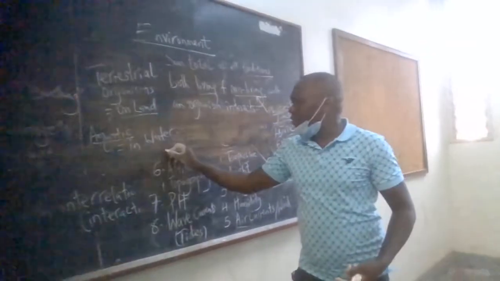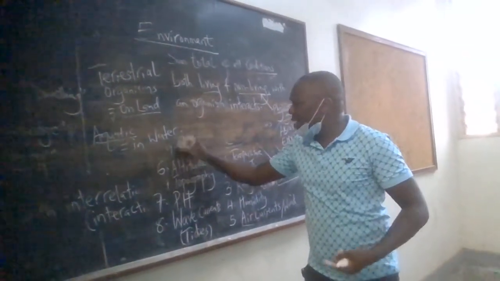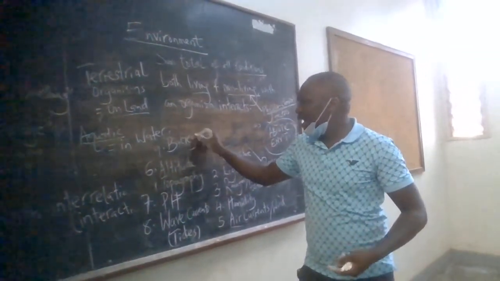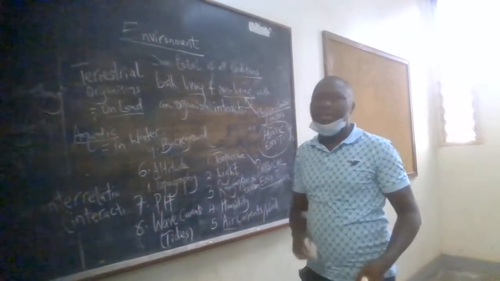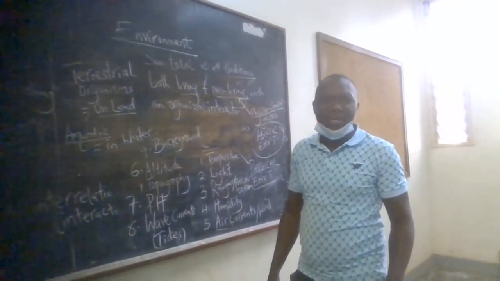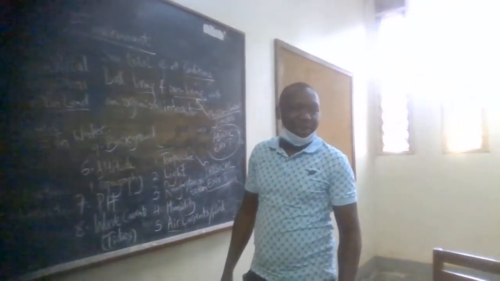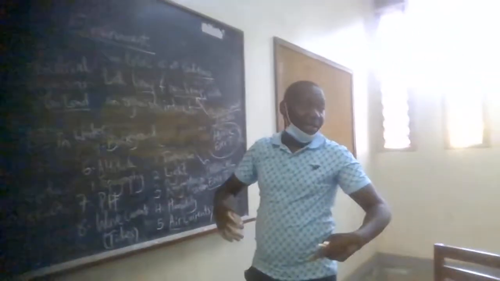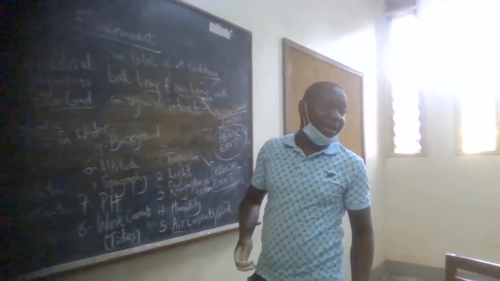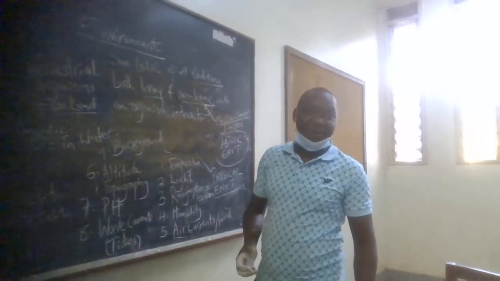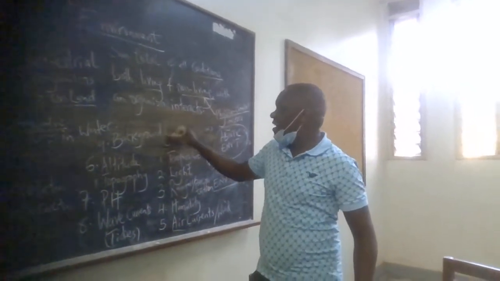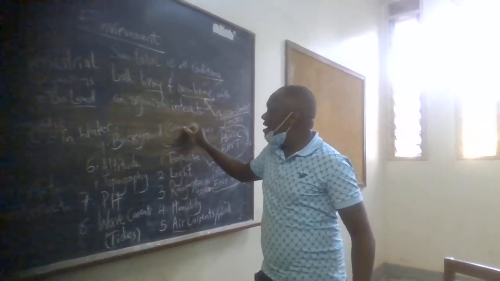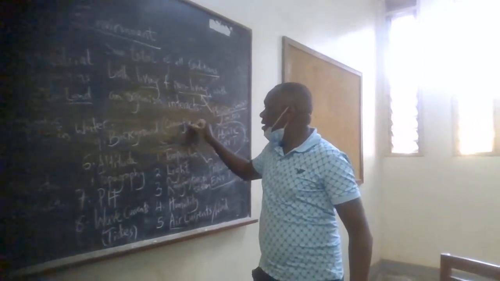But you will hear about something called background. For example, a chameleon, when it is a green background, it changes color. It camouflages and becomes green like the background.